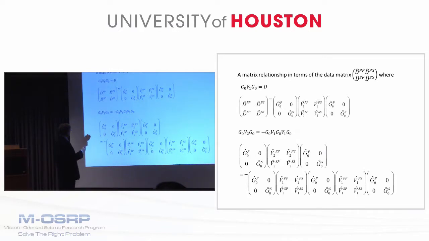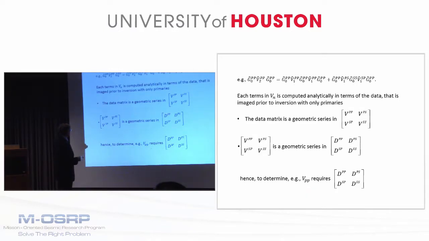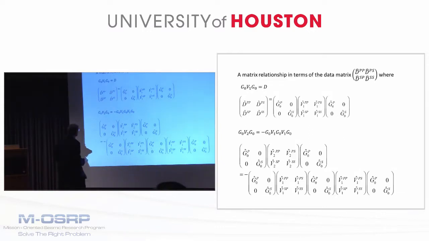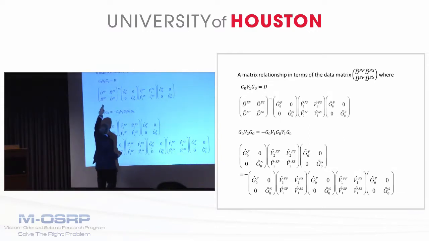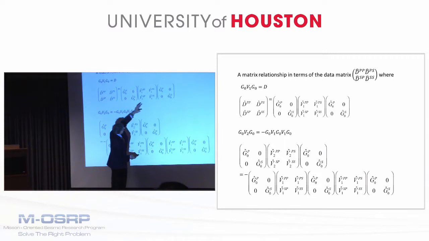The first equation looks normal. This equation will say dpp is G0p, these are diagonal, the outer ones. So you just get a simple equation.